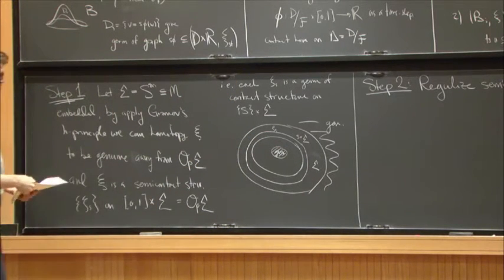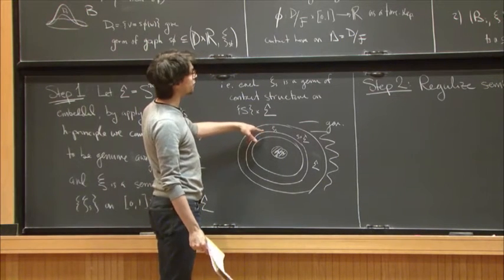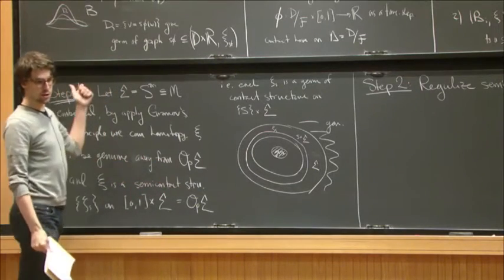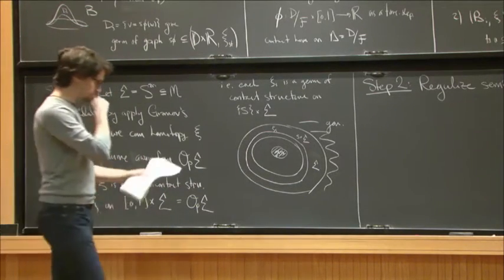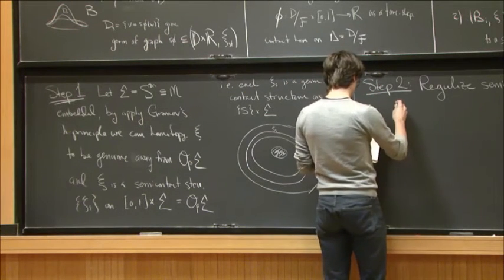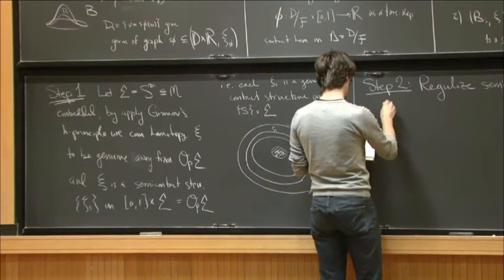And now we want to further regularize what this semi-contact structure looks like near sigma. Eventually we'll be partitioning just this neighborhood of sigma by these shells.